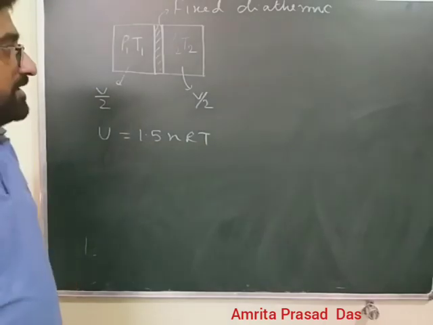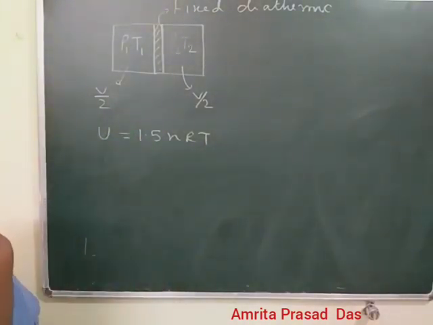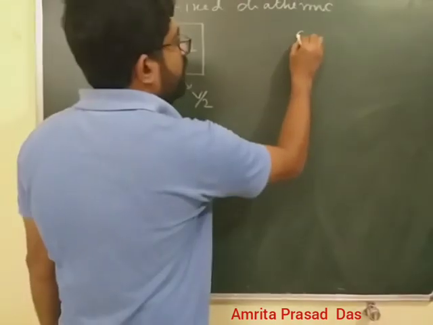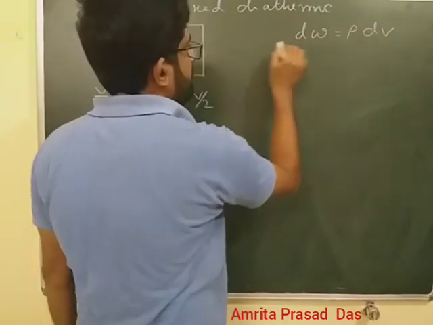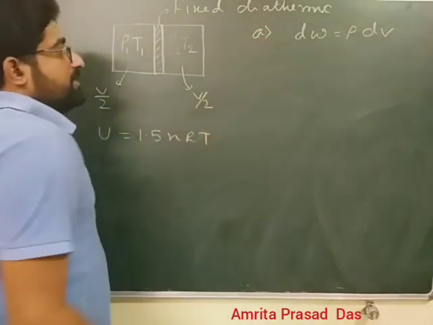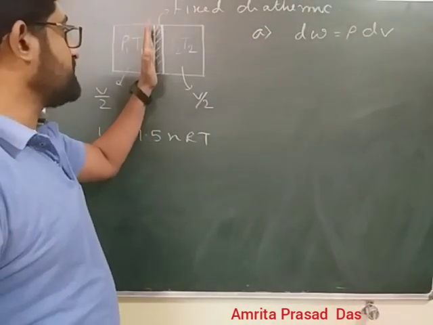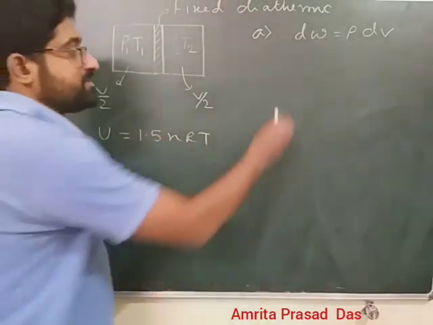by the system. The question is to find out the work done by the gas on the left part. Now we know that work done dW is equal to PdV. As this separator is fixed, it cannot move, therefore volume remains fixed.